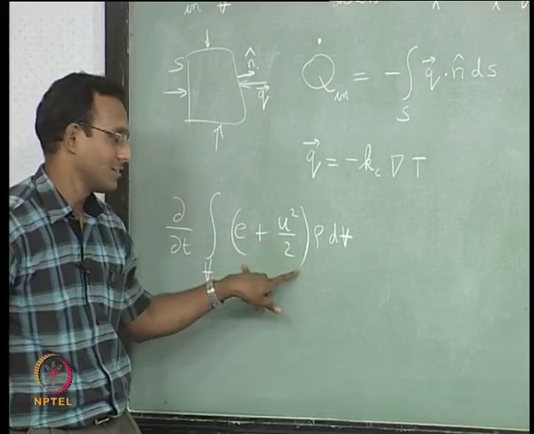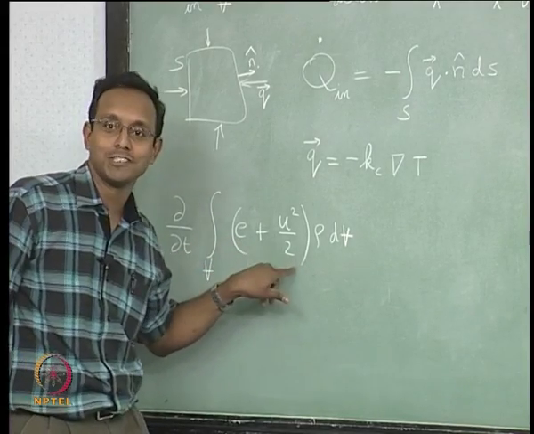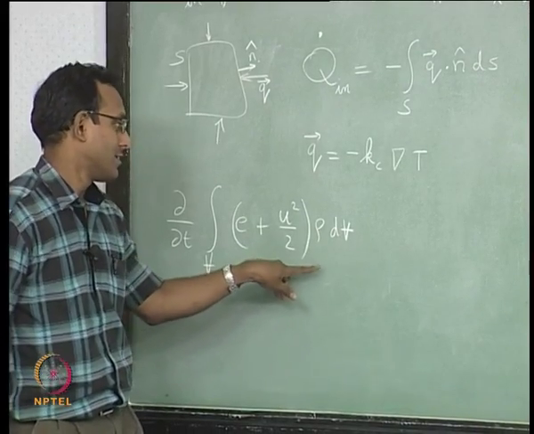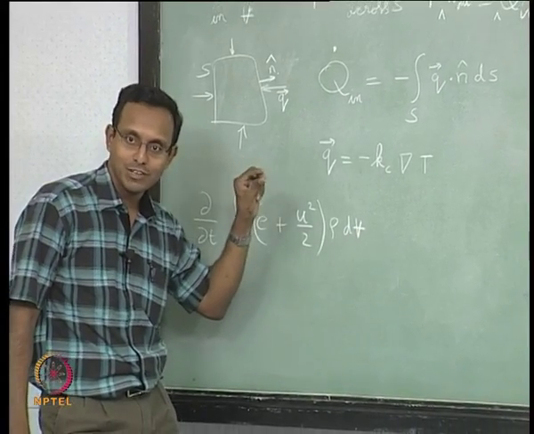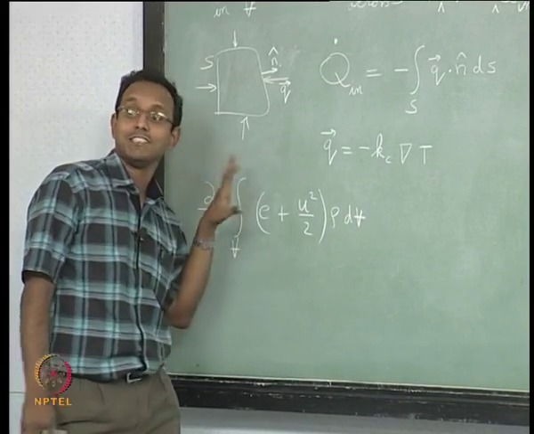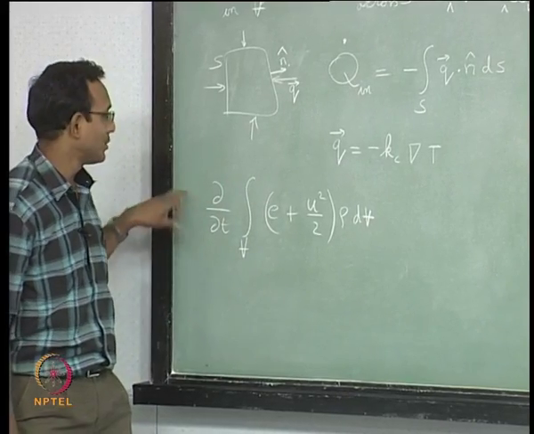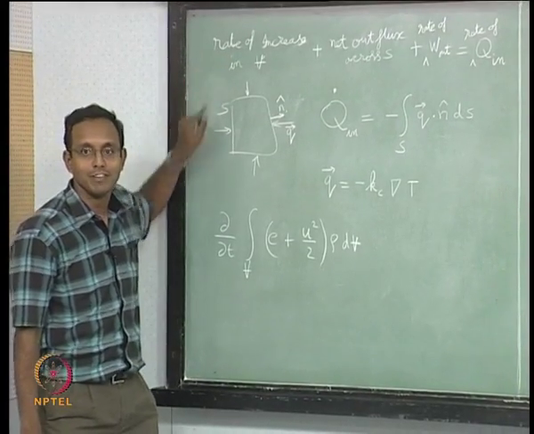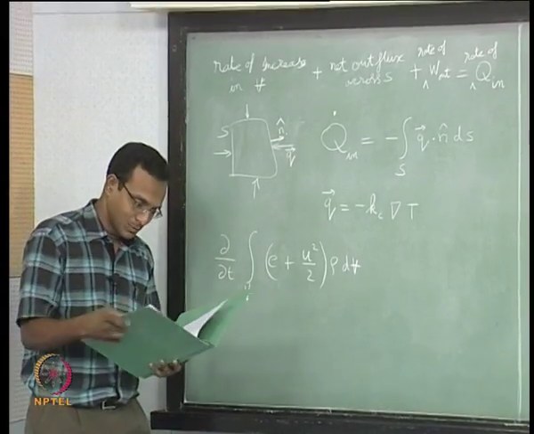This is the total energy of the gas per unit mass, this is the gas's energy and this is the flow energy all together. This is all per mass, multiplied by density it will make it the whole energy per volume, into a small volume will mean how much energy I have in that small box, integral over the whole volume, that will be the net energy I have inside my control volume, and then the time rate of change of that. This is your first term, the rate of increase of energy content inside the volume, that is this term.